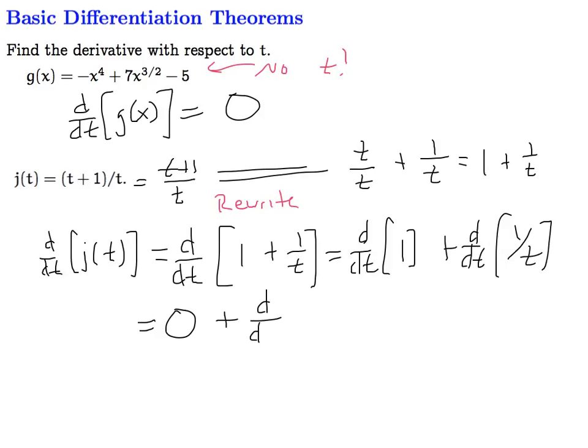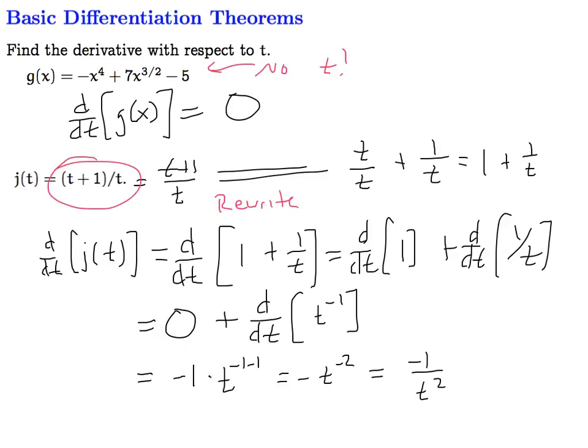Plus this second function, even though we've done it before, I'll take the time and rewrite it first as t to the negative first. And now we can use our power rule to write this derivative as negative 1 times t to the negative 1 minus 1, so negative t to the negative second. And for those who really like to rewrite and simplify, negative 1 over t squared. So even though it didn't appear that we could take the derivative of this using our rules, we can. We just have to practice rewriting, breaking things up into sums and differences so that we can finally take their derivatives.